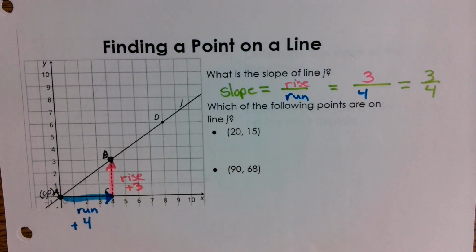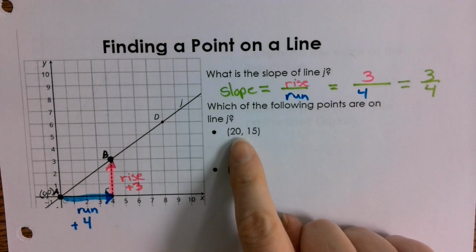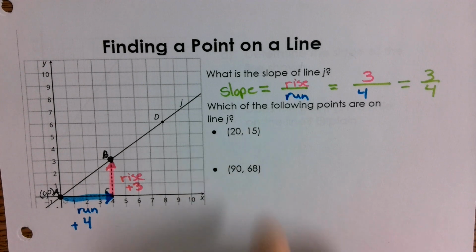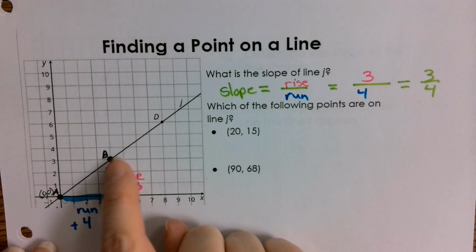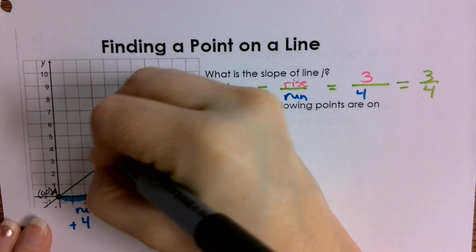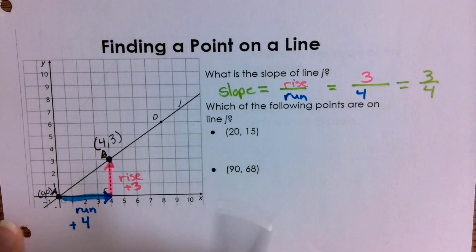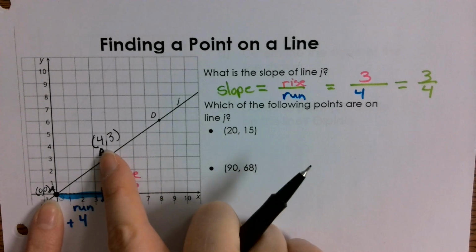I'm going to have to use what I know about slope to see whether this would come out to being a point on there. So one of the things that I know is I went from (0, 0) to this point, and this point happens to be (4, 3). I know I used a rise and a run to get from (0, 0) to (4, 3).